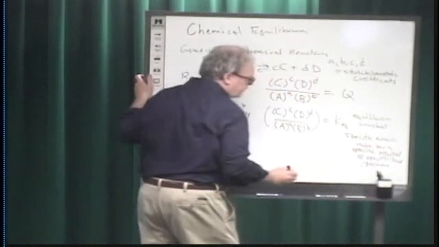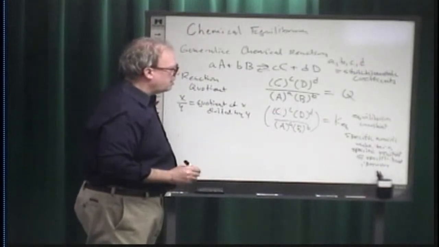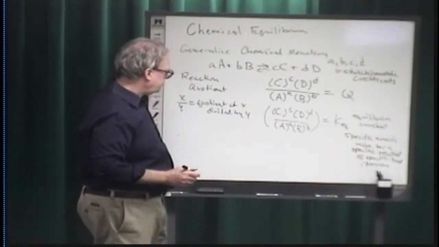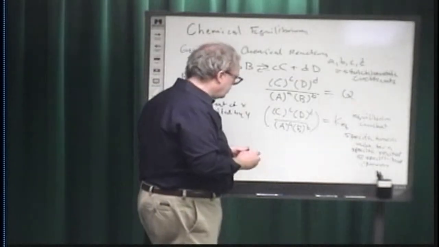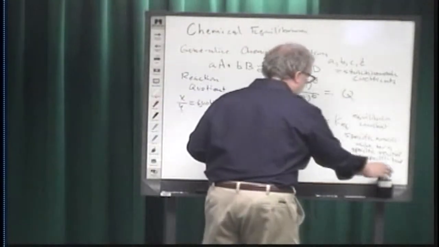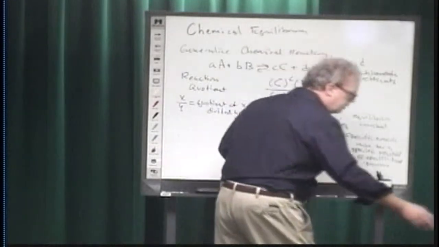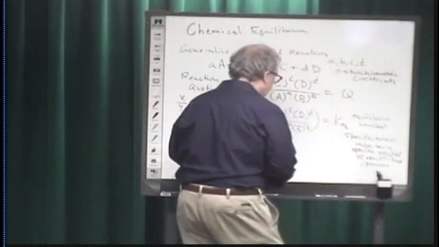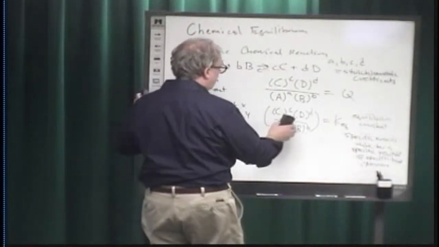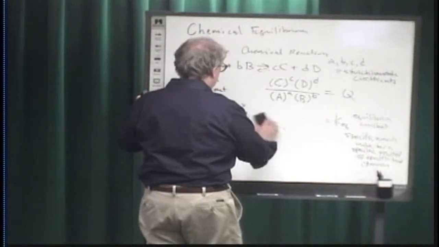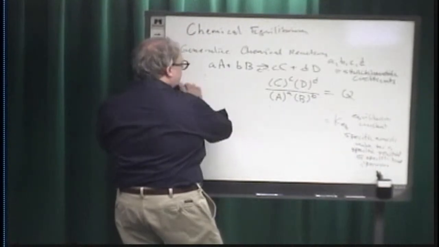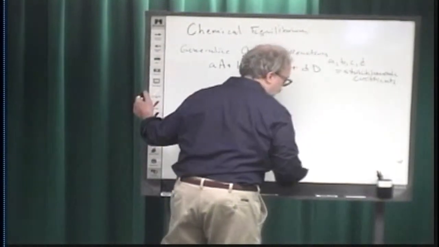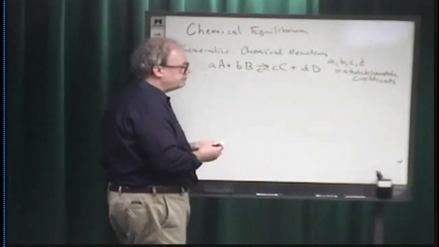And the need to specify temperature and pressure will become obvious when we discuss this in terms of thermodynamics. Okay? Now still, though we can say when our reaction is at equilibrium that it's going to have a specific value for its equilibrium constant, that doesn't mean the concentrations of the reactants and products are constrained to particular values, okay?